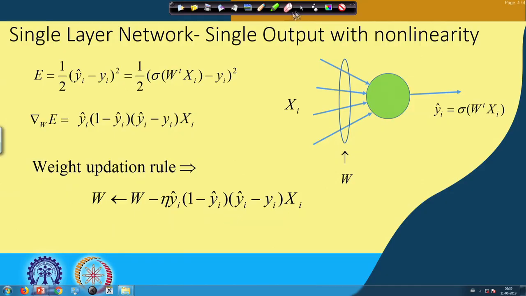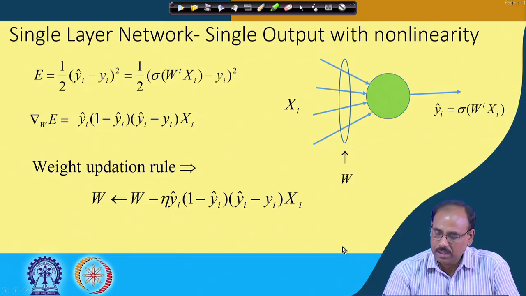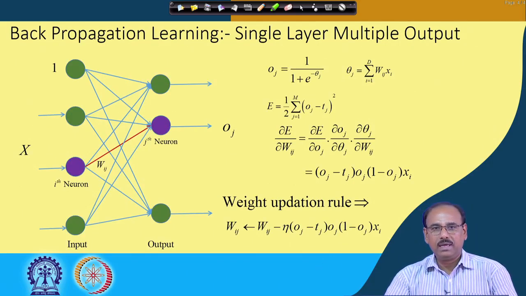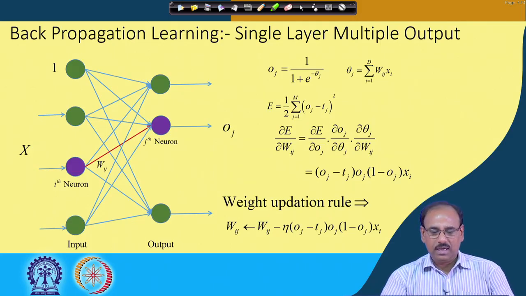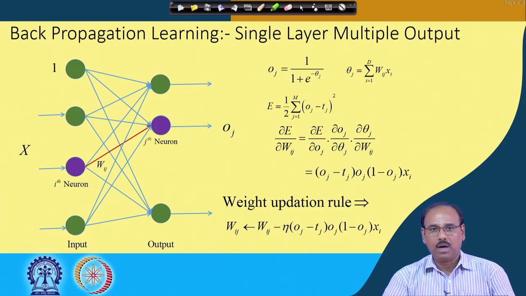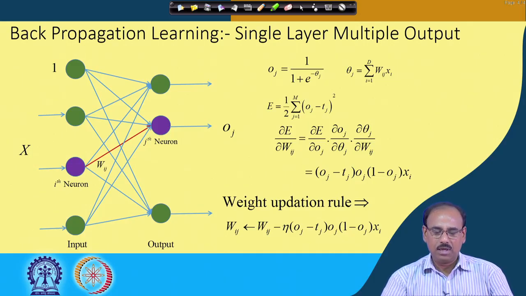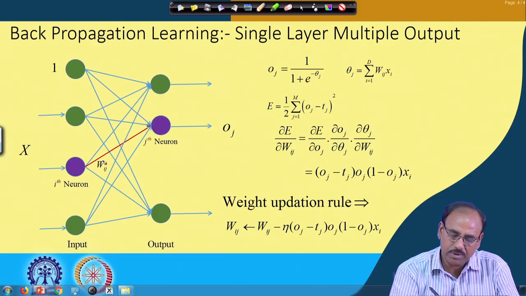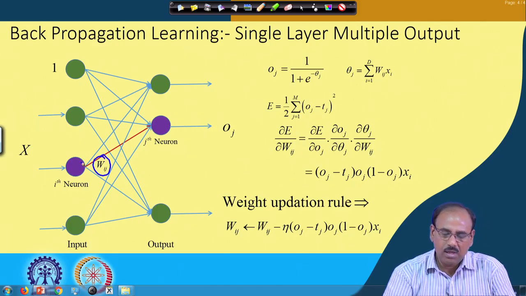Then we moved on to a single layer network with multiple outputs. When we have multiple outputs, I have to consider a weight of the form w_ij. From the input layer, the ith neuron is connected to the jth neuron of the output layer through a connection weight w_ij.